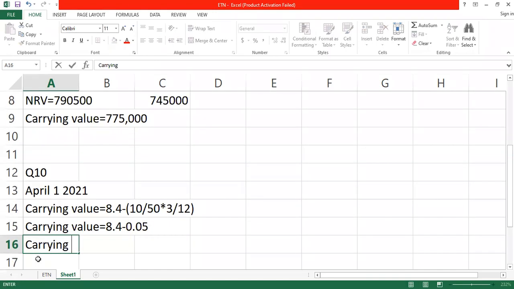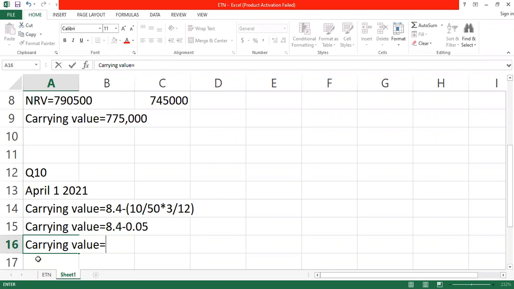Linus, we are finding the depreciation for the 3 months. Yes, I have gotten the depreciation for the 3 months already. The carrying value for January was 8.4, and we are doing the classification in April. It means that we have used the asset for 3 months.